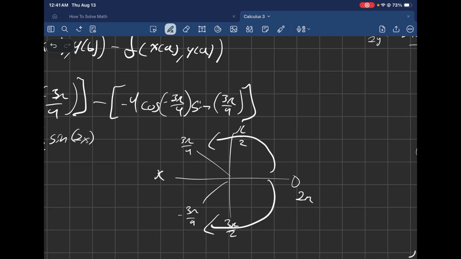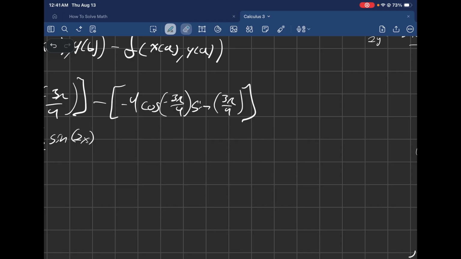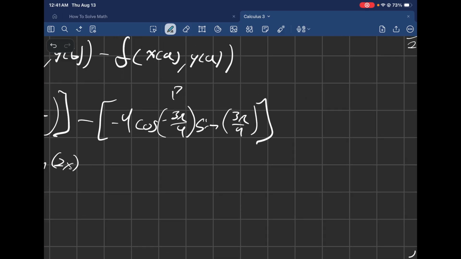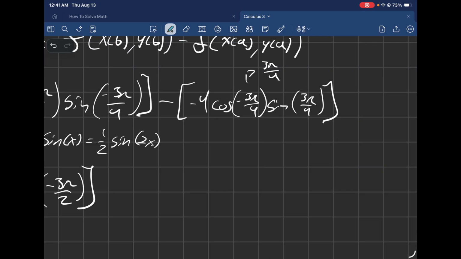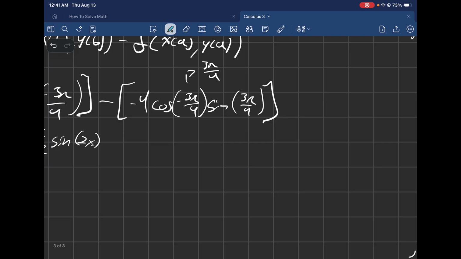And while these are different points, for cosine, they both give the exact same value of negative square root of 2 over 2. So for this time and this time only, I'm going to treat this input as if it was 3 pi over 4, since it's going to give me the exact same output, meaning that I can use this identity now, given that I changed that input.